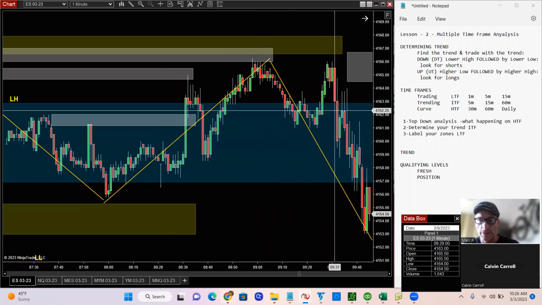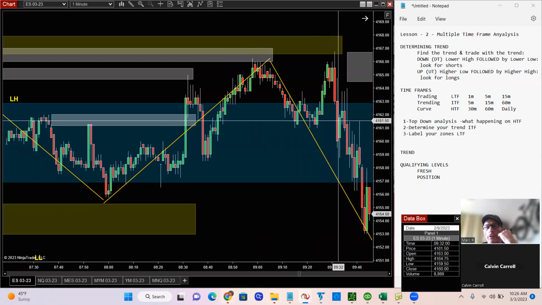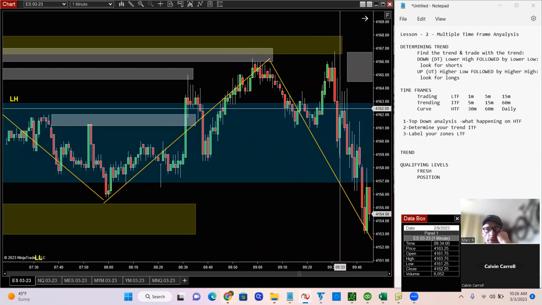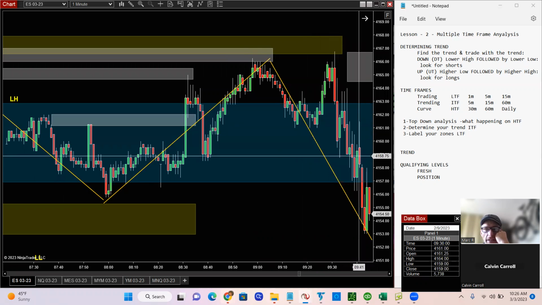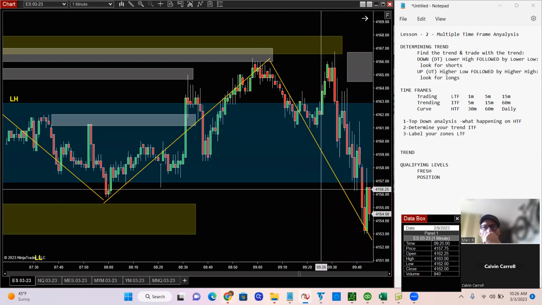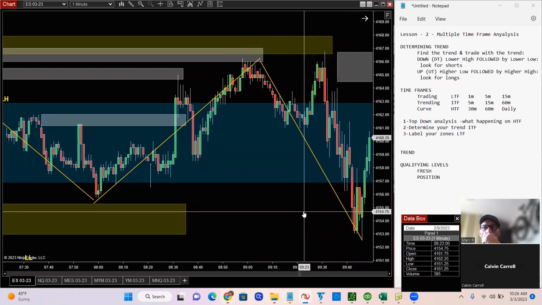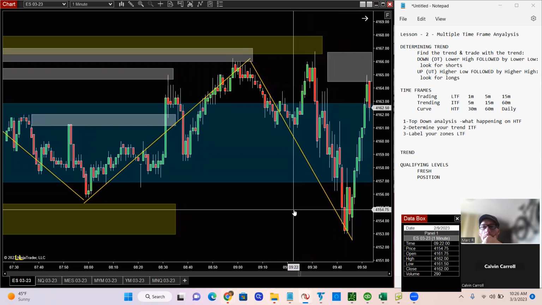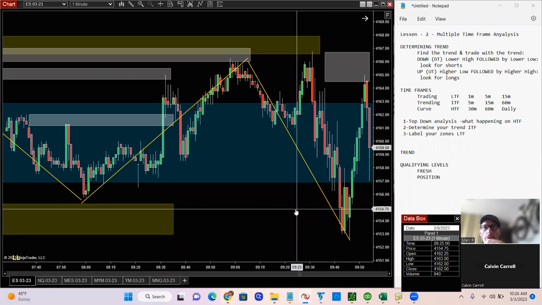So price was going down, down, down, down, down. You're looking for 1 minute levels to get short on. Yes, it's moving down, but it's not leaving any levels for you to get short off of. Okay, except for this one up here. So coincidentally, it comes up there. Maybe you get short. Okay.